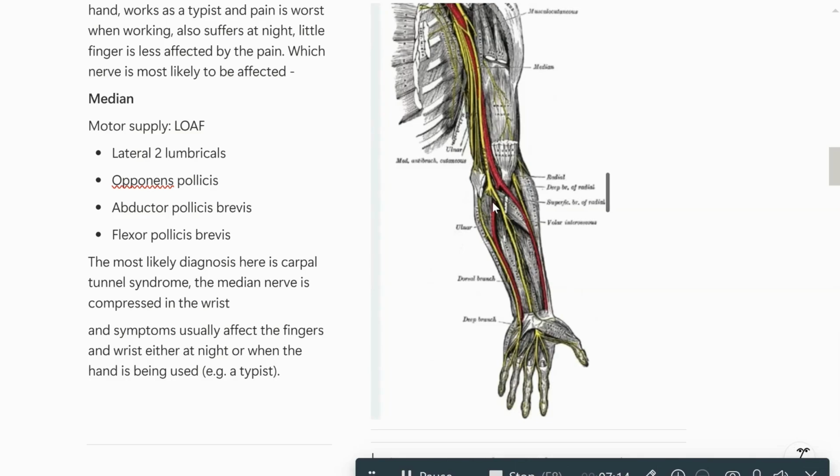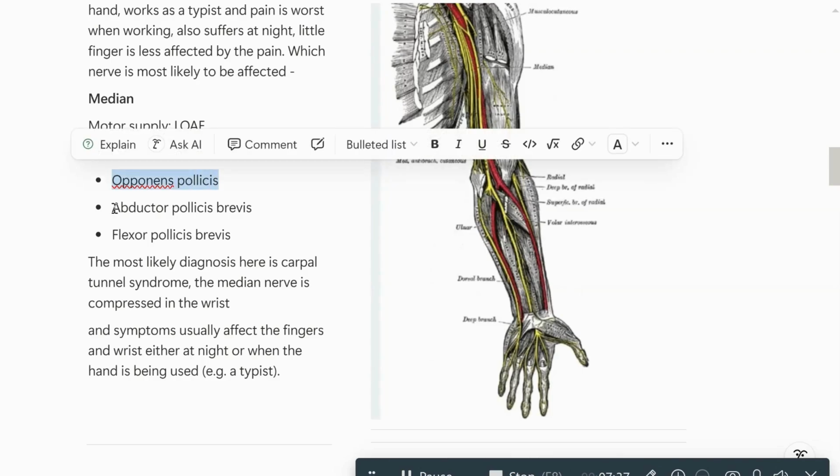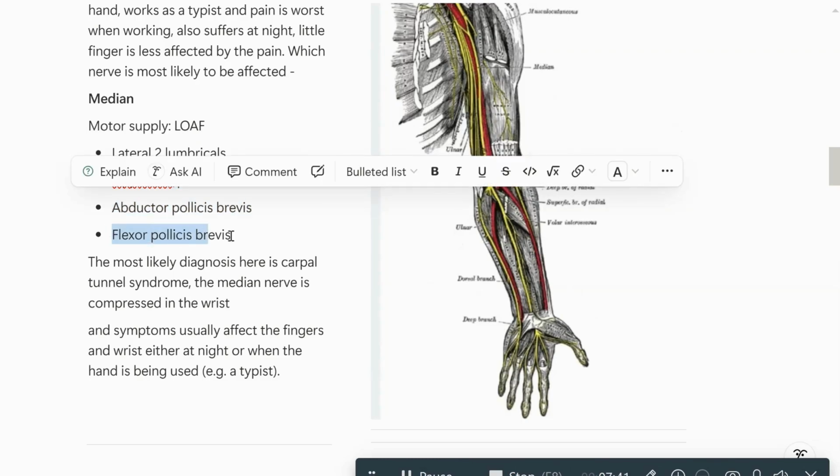Then the median nerve in the forearm is going to supply all the muscles except flexor carpi ulnaris and the medial half of the flexor digitorum profundus. Then in the hand, it is going to supply only four muscles: the lateral two lumbricals, opponens pollicis, abductor pollicis brevis, and flexor pollicis brevis.